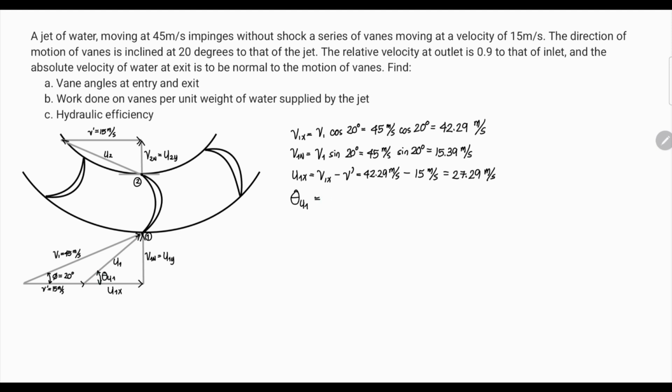Theta u1 is equal to tangent inverse of V1n, opposite, over adjacent, which is U1x. So that is equal to tangent inverse of the value for V1n, 15.39 meters per second, over U1x, which is 27.29 meters per second. So the meters per second cancel.